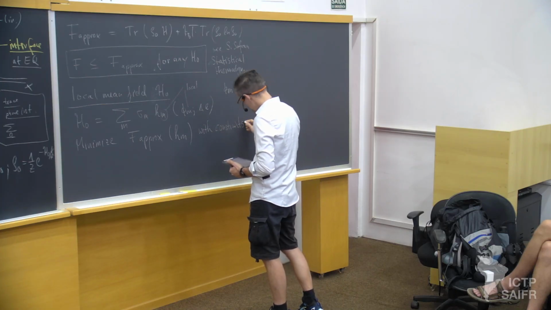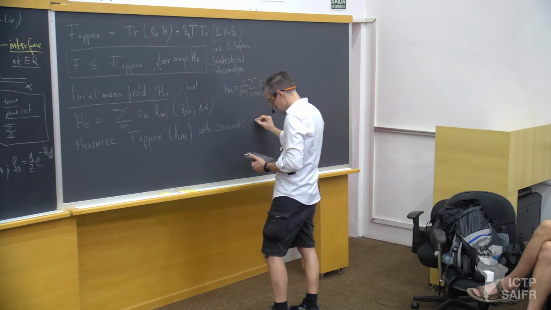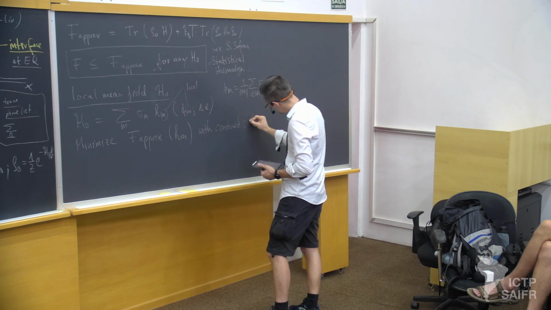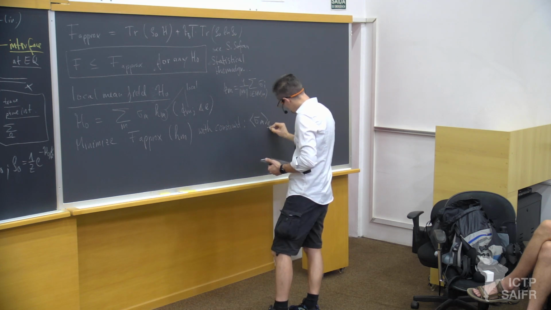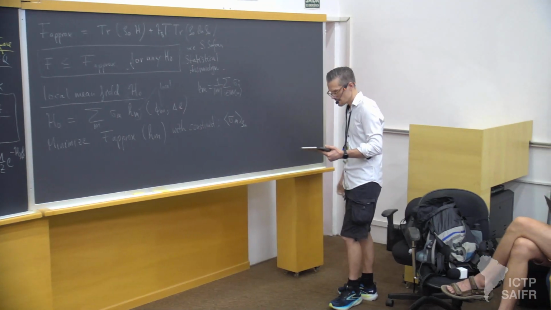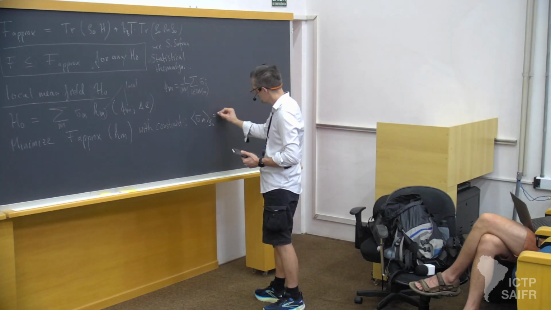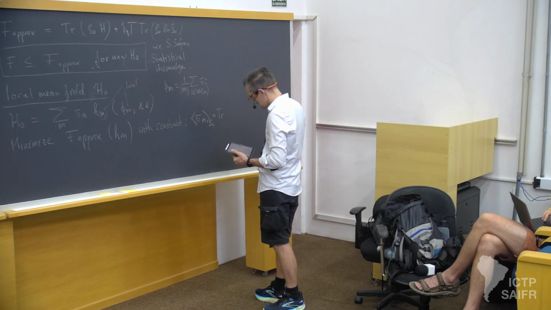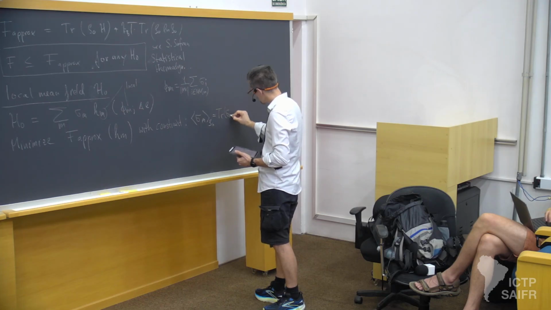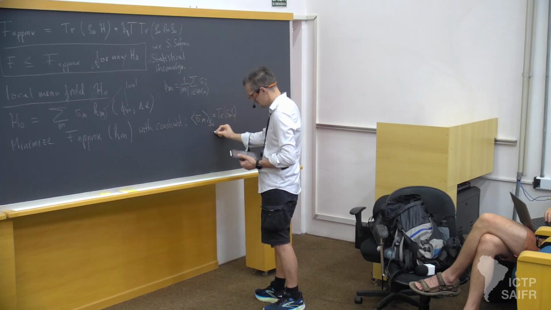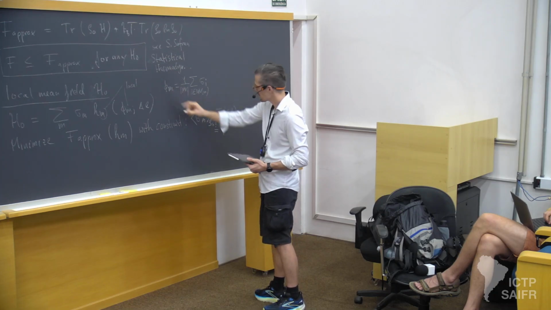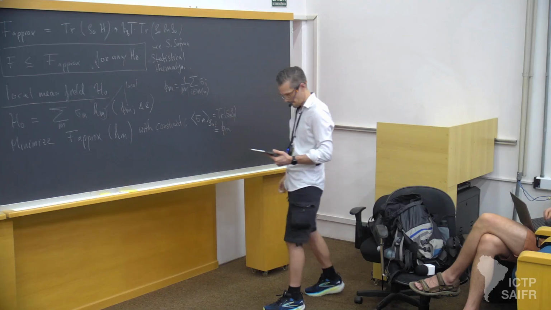And the constraint here is, of course, that the mean composition evaluated with my replaced Hamiltonian, which is just defined as the trace of sigma m rho naught, is, and this is really the condition, phi m. This phi m. Yeah? Okay.